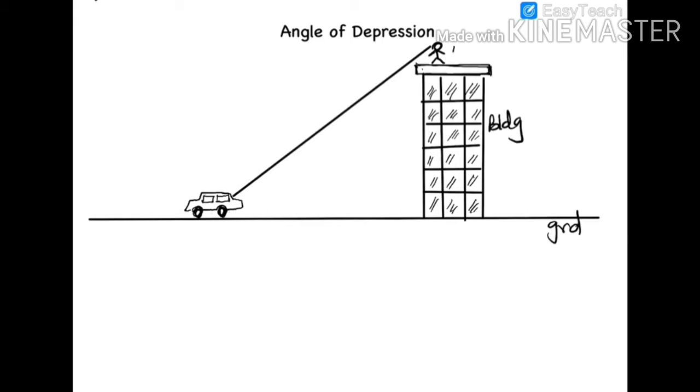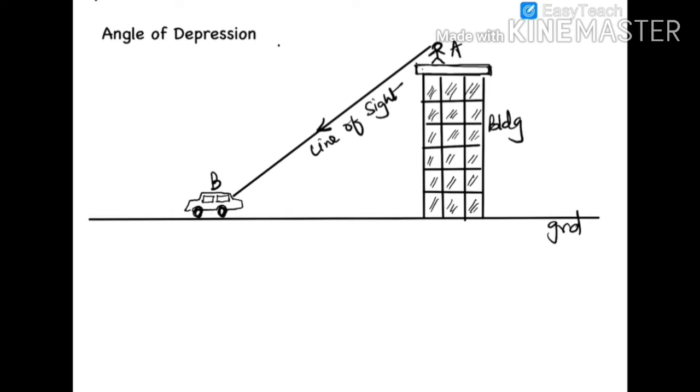So in this case, this line AB is the line of sight. And notice that I have shown the arrow downwards from the observer to the car. Let's mark the horizontal level of the eye, which is going to be parallel to the ground.